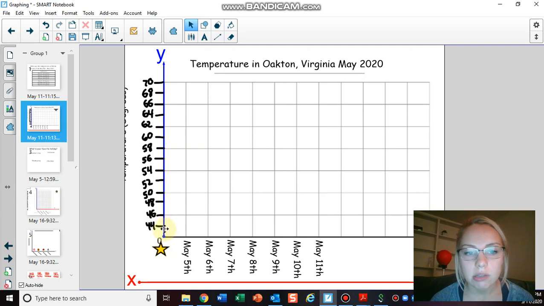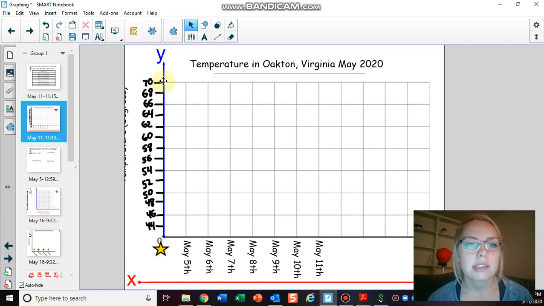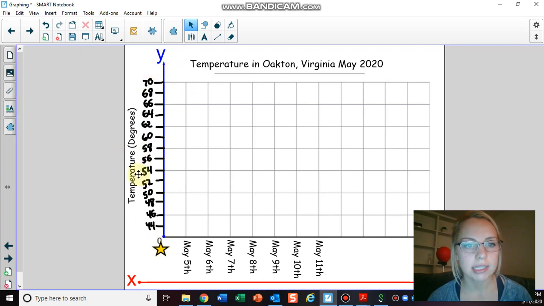As you can see, I counted by 2, so I went 44, 46, 48, 50, 52, 54, 56, 58, 60, 62, 64, 66, 68, 70. So our lowest temperature on the graph is 44, and our highest temperature on the graph is 70. We're going to label our y-axis temperature, and in parentheses I put the word degrees because all of these numbers stand for degrees, right?